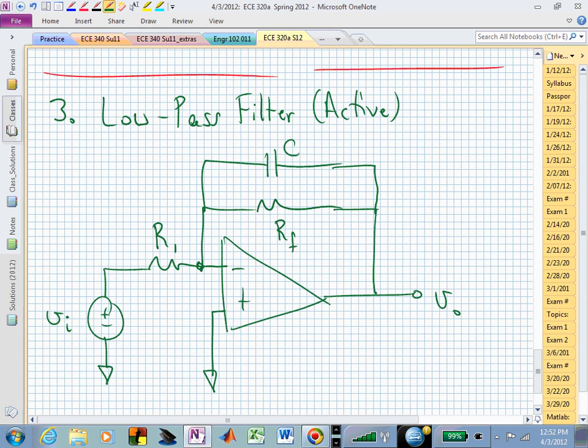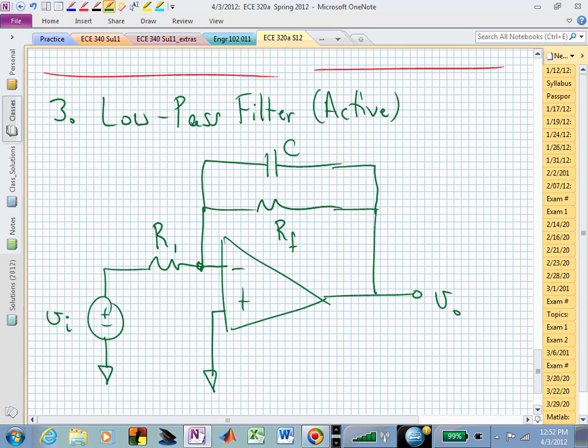And in particular, we have connected it in the feedback path in parallel with the feedback resistor. And that interconnection structure now, even though it's not much more complicated than the inverter circuit, will actually give us a low-pass filter behavior.